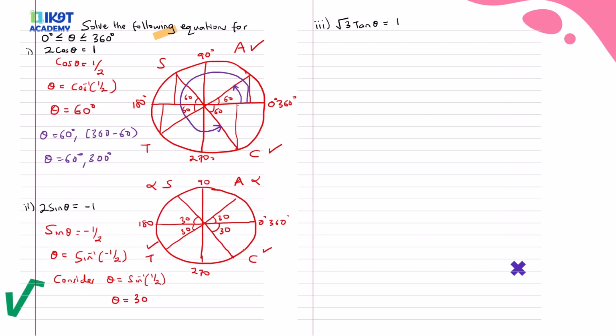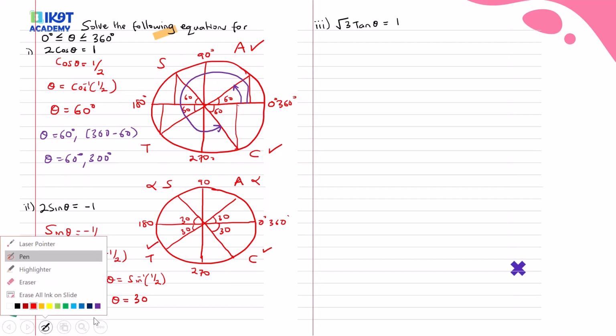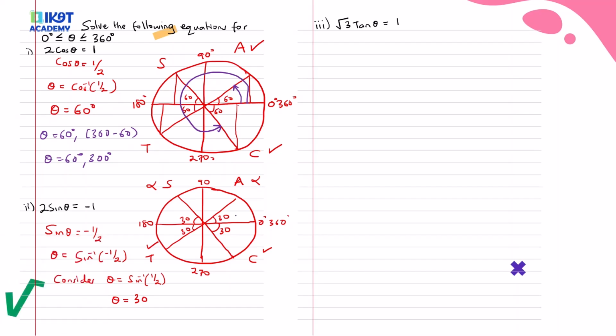So these are the two quadrants we want where sine is negative, because we have sine theta equal to negative a half. So now we go up to the quadrant we want, then again to the other quadrant we want.